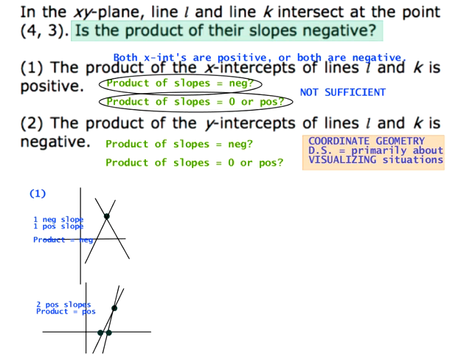Okay, let's try statement 2. Product of y-intercepts is negative. Okay. And I mean, just to show that you can get a 0, we can make that one of the cases, right? If you just have to have 1 positive y-intercept and 1 negative y-intercept.